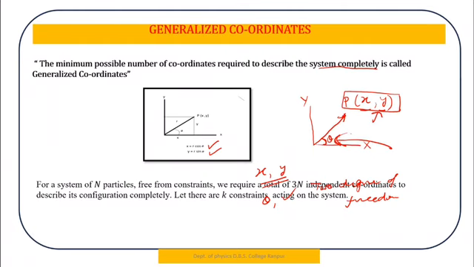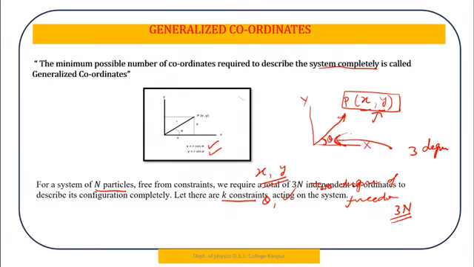Suppose we take a system of n particles. We know each particle has 3 degrees of freedom, so the system has 3n degrees of freedom. 3n independent coordinates are required to describe the system completely. Suppose k are the constraints, the geometrical restrictions acting on the system.